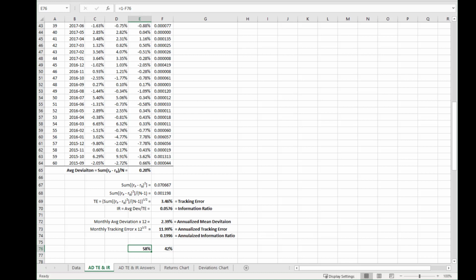There's a 58% chance that the fund will beat the benchmark. And so given that I have an expected beat of 0.2% monthly or 2.39% annually, but a deviation about that expectation of almost 12%, then I can see that I only need to go 0.2 deviations to go from this expectation to 0, and therefore there's a large portion of this probability that the fund won't actually beat the benchmark index.